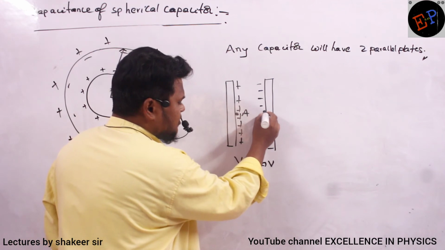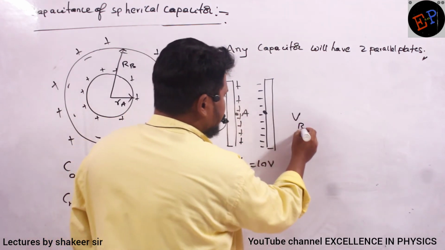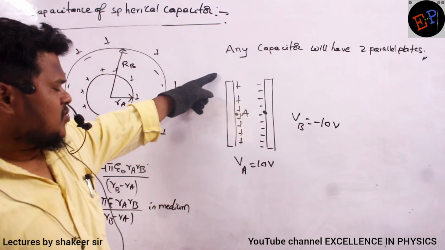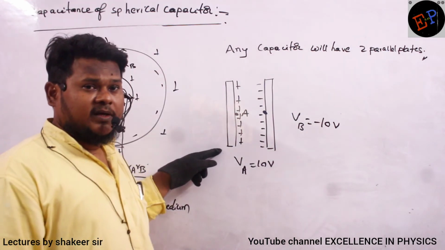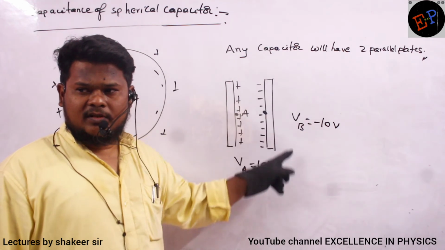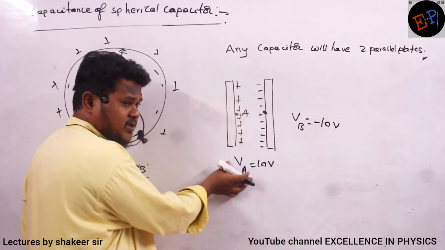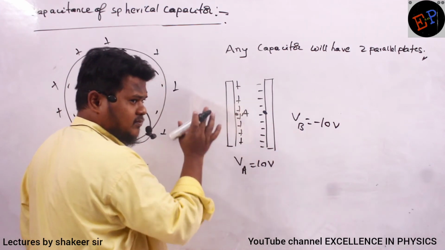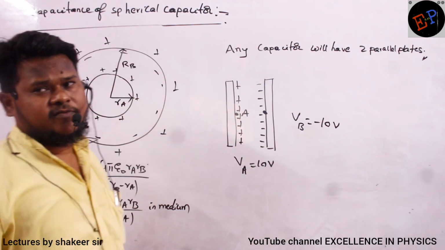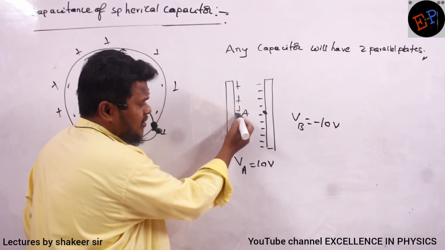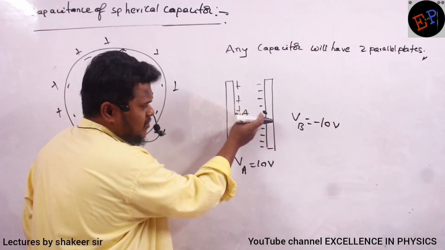And at this point B, the potential is minus 10 volts. Because the number of charges on the positive plate, the same number of charges should be present on the negative plate also. So the positive plate gives positive potential, and the negative plate gives negative potential on their own surfaces. But point A is at a larger distance from this second plate.